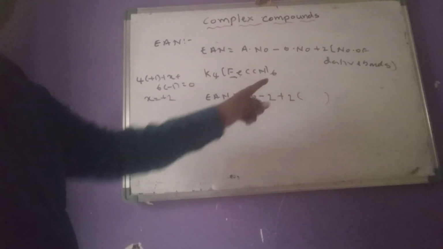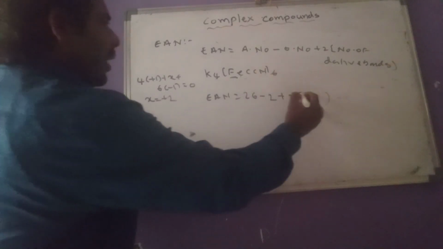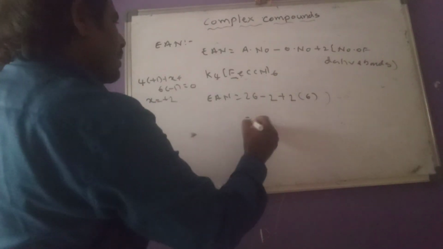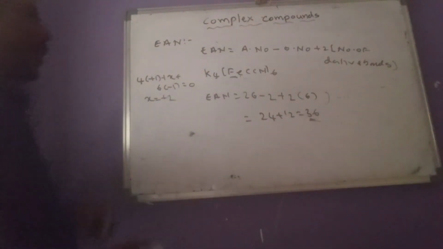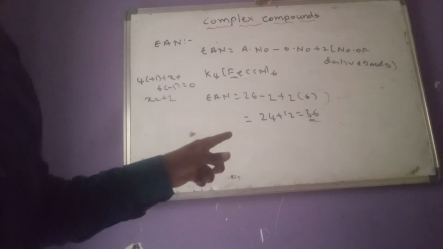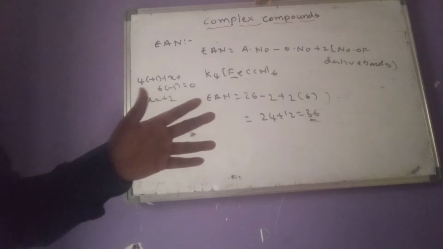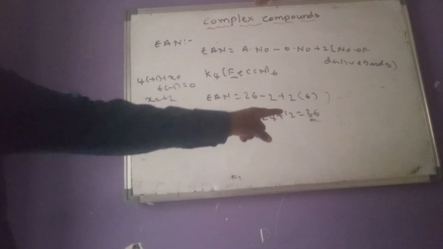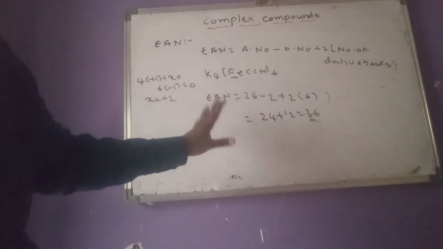So 6 cyanides means 6 dative bonds. We get 24 plus 12, 36. And this 36 is the atomic number of krypton: helium, neon, argon, krypton. So this complex compound is stable.